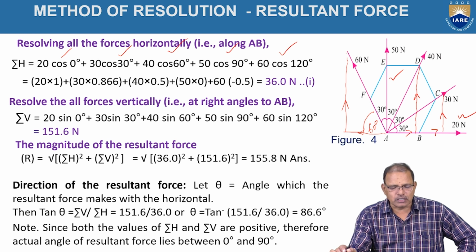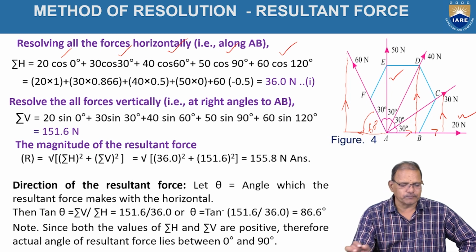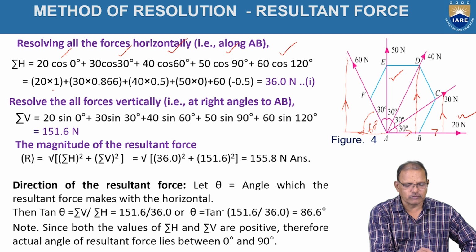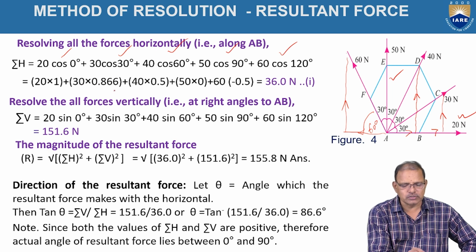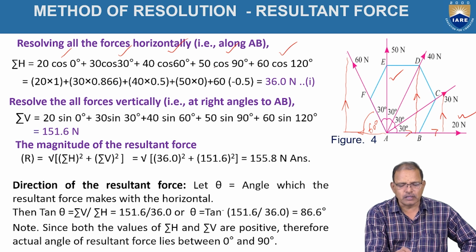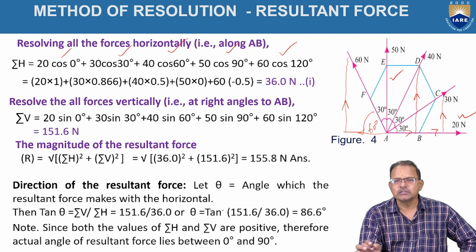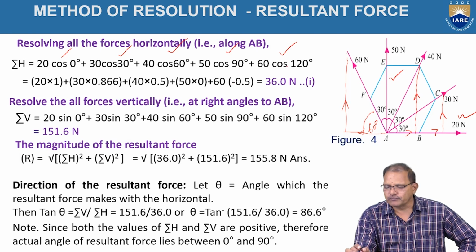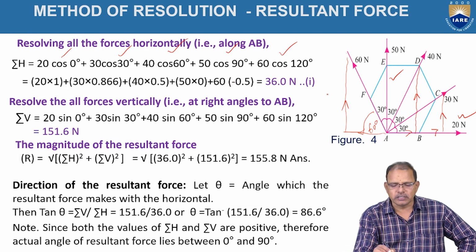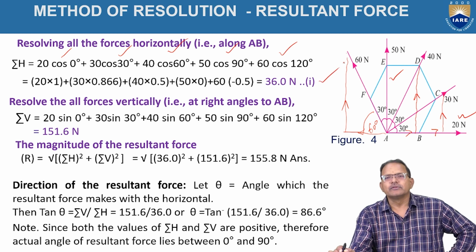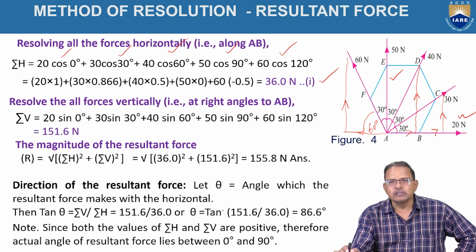Hence, the last force is treated as negative, cos 120 equal to minus 0.5 now. So 20 into cos 0 is equal to 1, 30 into cos 30 is equal to 0.86, plus 40 into cos 60 is equal to 0.5, plus 50 into cos 90 is equal to 0, plus 60 into cos 120 is equal to minus 0.5. The total value is equal to 36 newtons, as shown in equation number 1 now.